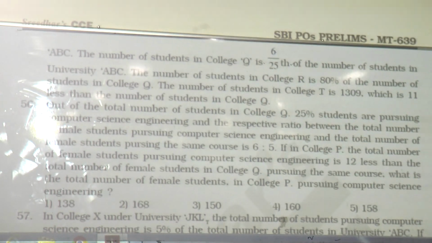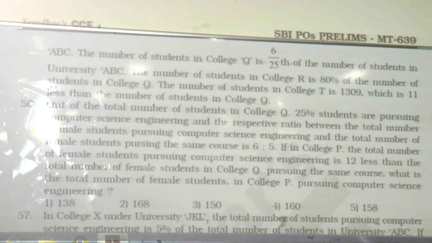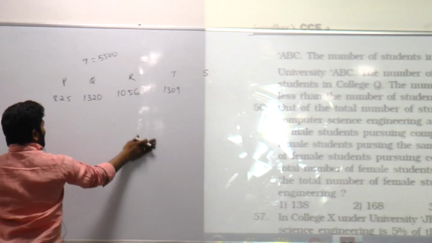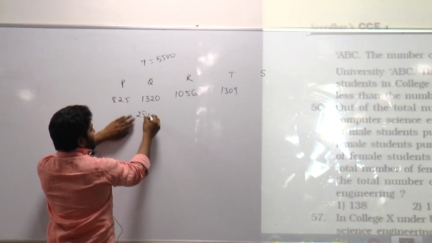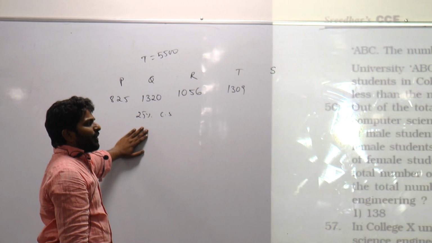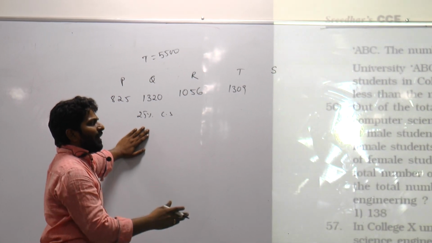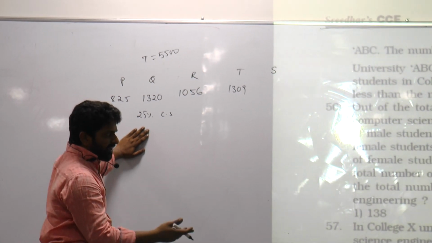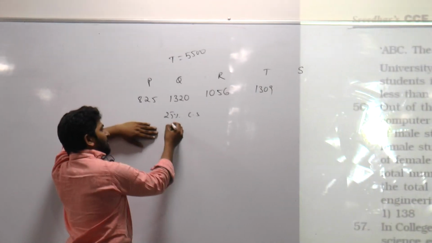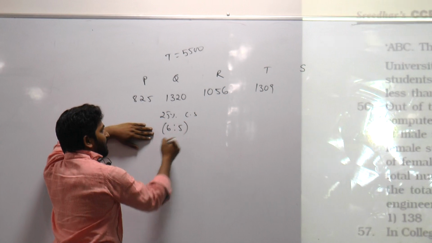Out of students from college Q, 25% students are pursuing computer science. And respective ratio between the total number of male students pursuing computer science and total number of female studying are 6:5. So ratio is given as 6:5.